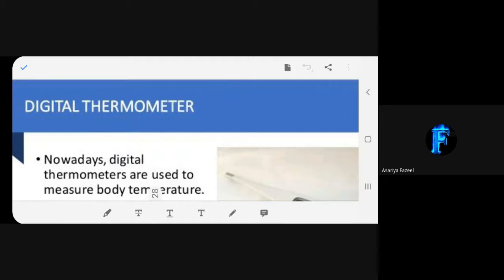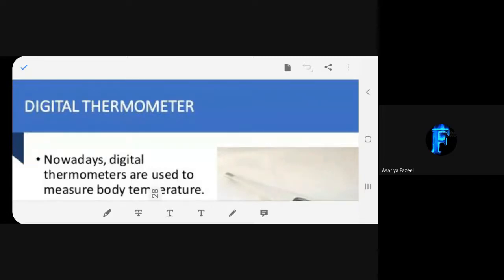Of what? It's taking the temperature of objects.